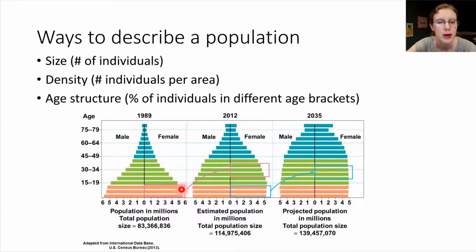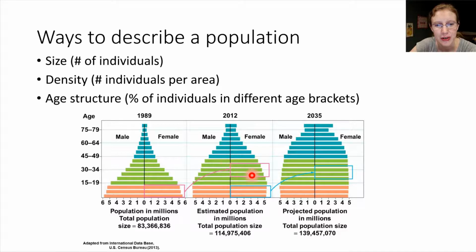If we look at this population, we can see there are a lot of young individuals compared to how many old people there are. So based on that, we would predict that many years later, if we come back and look at the same population, there are going to be a lot of people that have moved into middle age, right?